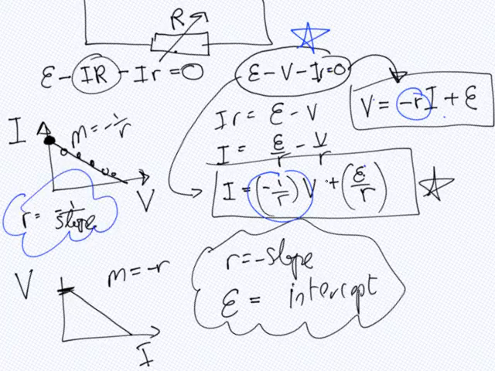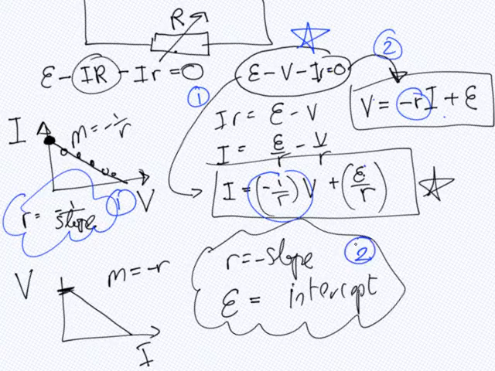And if you go with this, let me just write numbers here. This is 1 and this is 2. So if you go 1, you would have this formula. And if you go 2, you would have this formula. You got that?